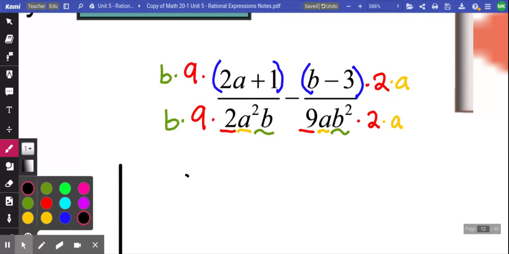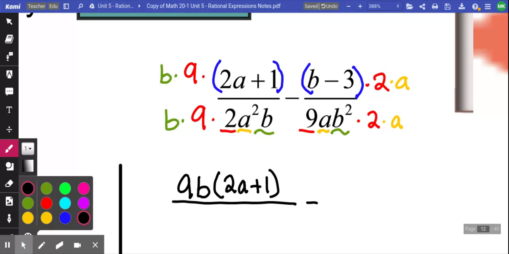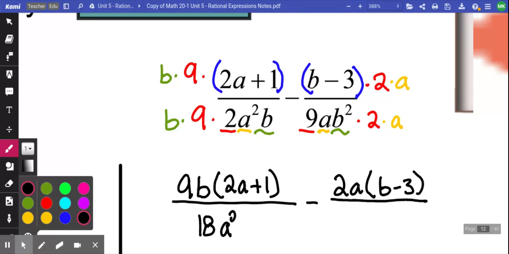And this gives me 9b times 2a plus 1 from the first fraction. The second fraction is going to be 2a times b minus 3. And our common denominator will be 18a squared b squared.